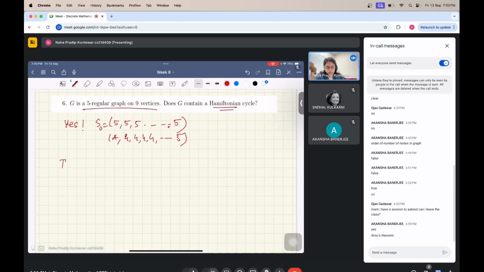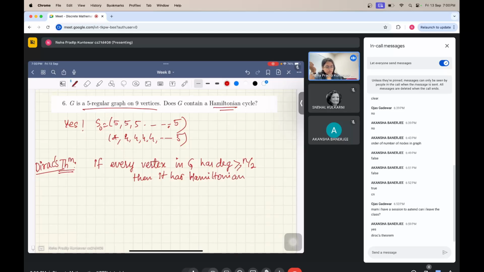Or what you could do is use this theorem, which is called Dirac's theorem, which says that if every vertex in G has degree greater than n by 2, then it has a Hamiltonian cycle.